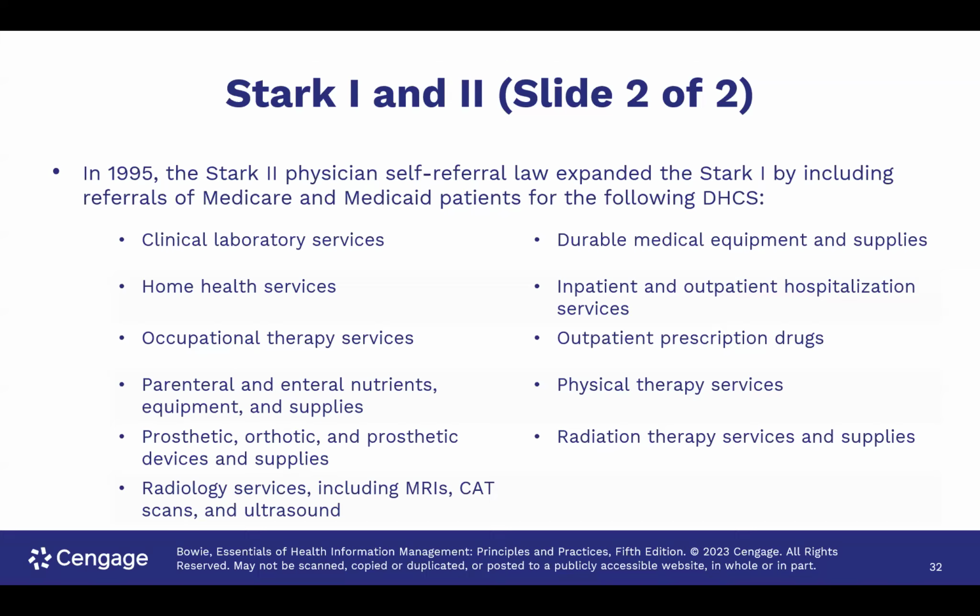So, in other words, if a physician had an interest in any of these services, now they own the practice or what have you, and they refer somebody to that, that is an issue and a violation under Stark 2.